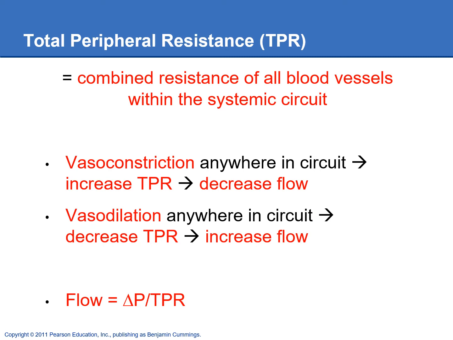And then if you vasodilate anywhere in the circuit, then that would decrease the total peripheral resistance and increase the blood flow. So instead of just having the flow equal to the pressure gradient divided by the resistance, we're just going to change that to total peripheral resistance.